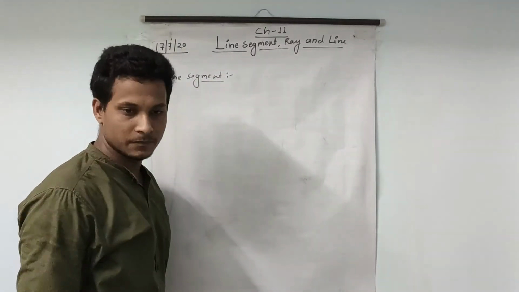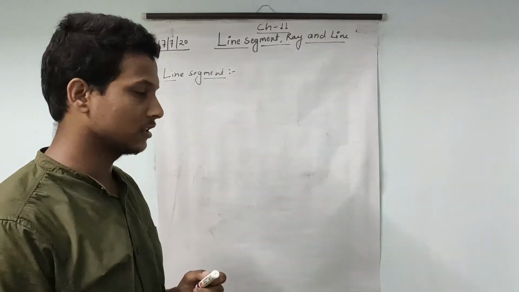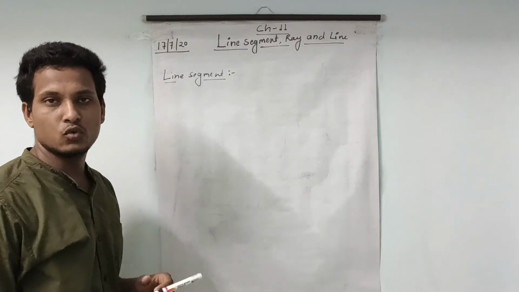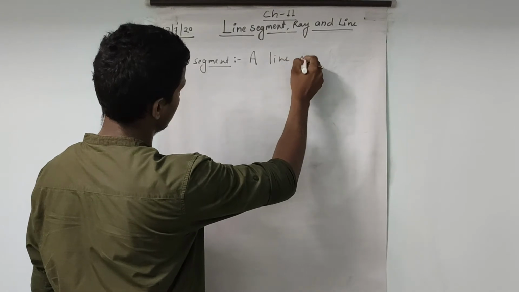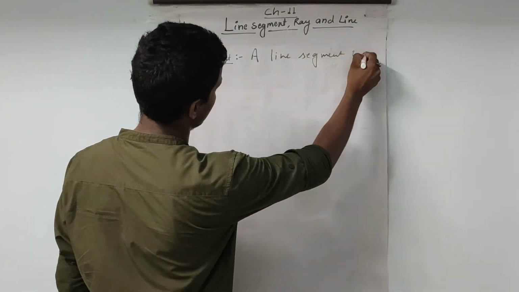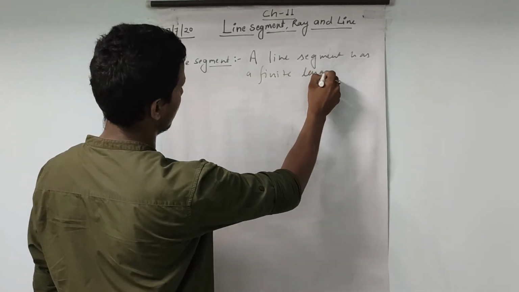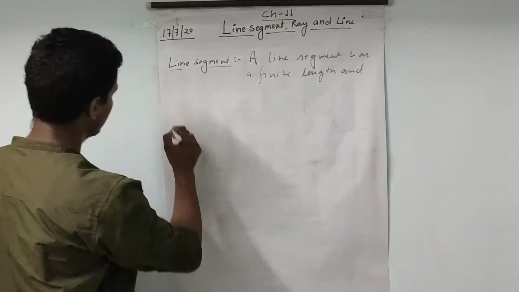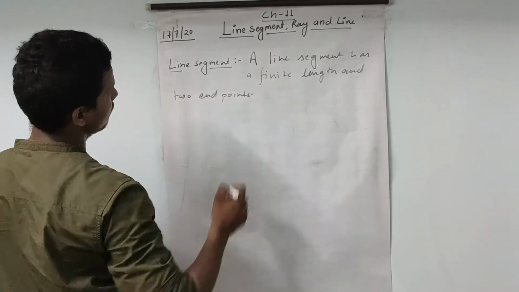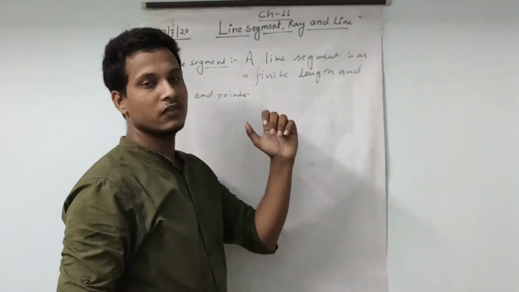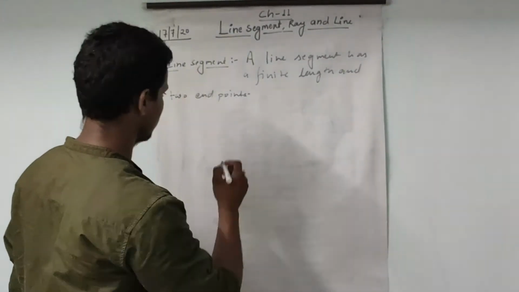A line segment is a part of a line which has a finite length and two endpoints. What I mean by finite length is that it can be measured with the help of a ruler or scale.